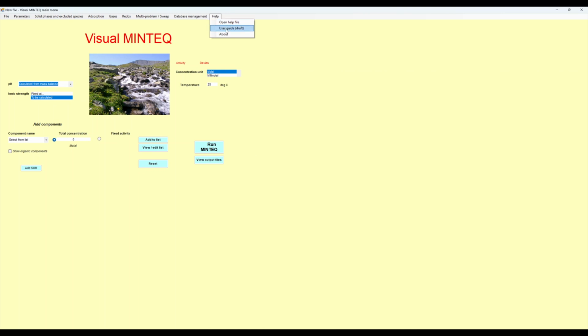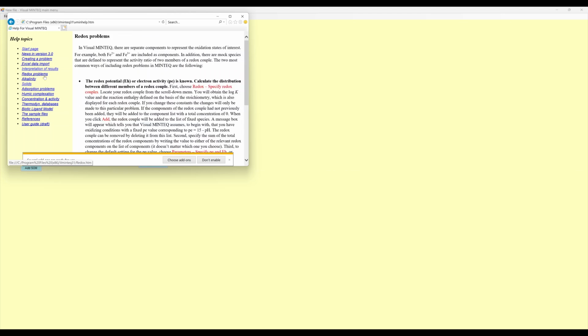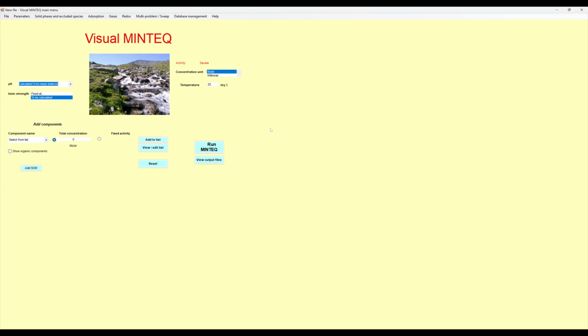The user guide is a PDF file that gives you tons of information with some good examples. And this interactive help file is clickable, so you can go, for example, to a redox problem and gain some basic information about the type of output that you're going to get from the software. So that's about the tab.